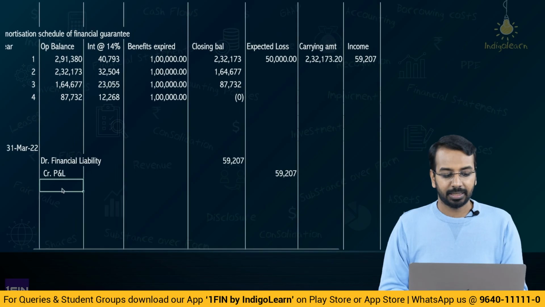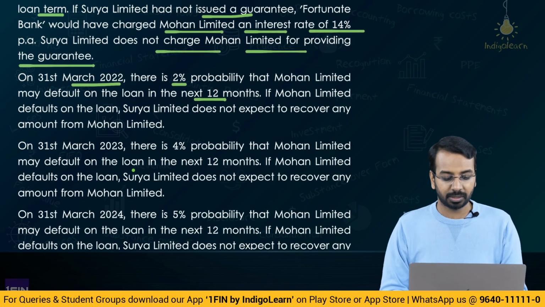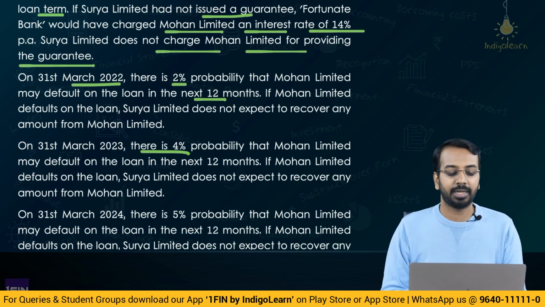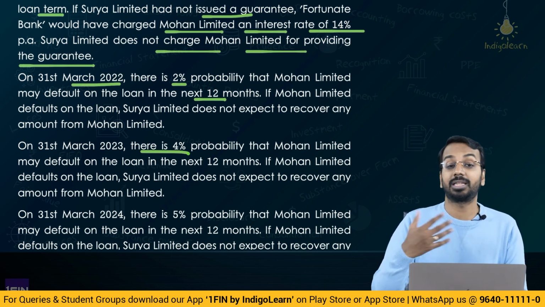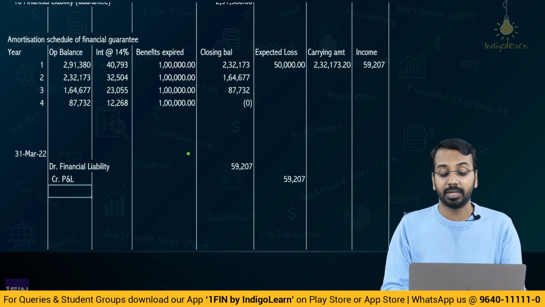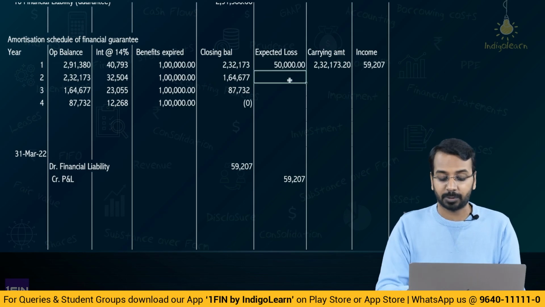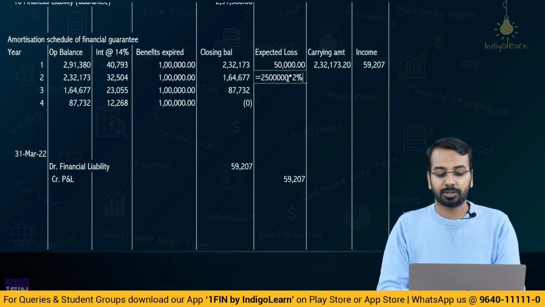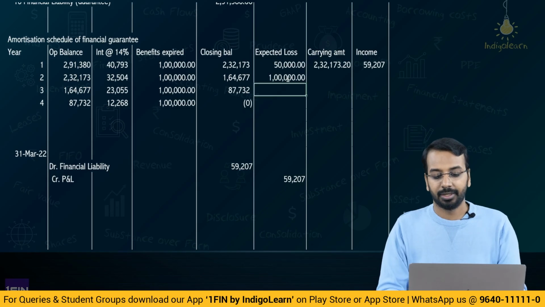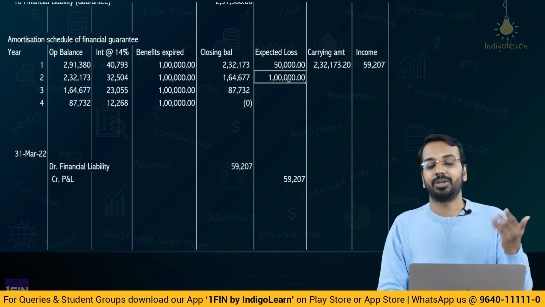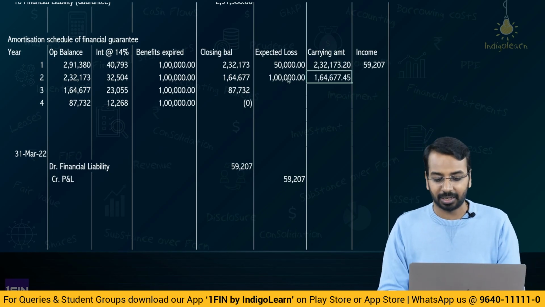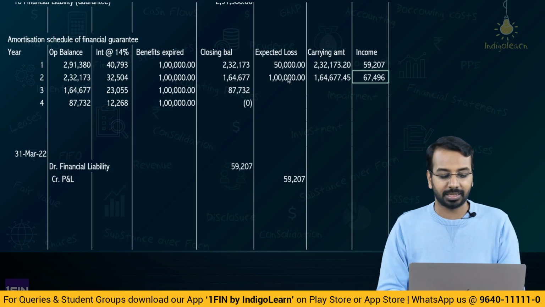Then second year, what is the probability? 4% probability that Mohan may default on the loan in the next 12 months. Again, if they default, nothing is recoverable, so entire loss will be on our side. So, 4% default, expected loss is how much? 4%, so 1 lakh, but our liability is anyways higher, so we will recognize it at the higher amount and the difference will be recognized in income.